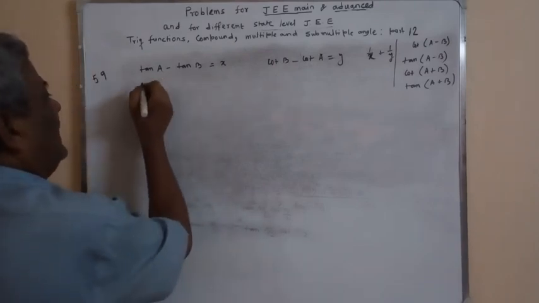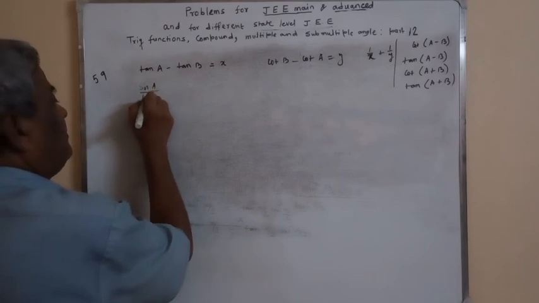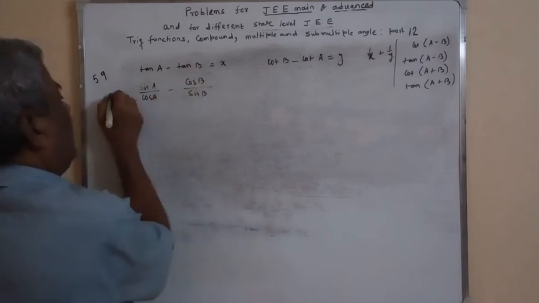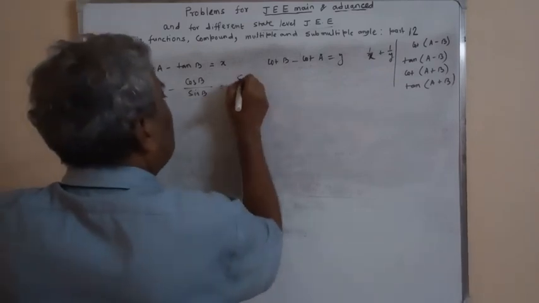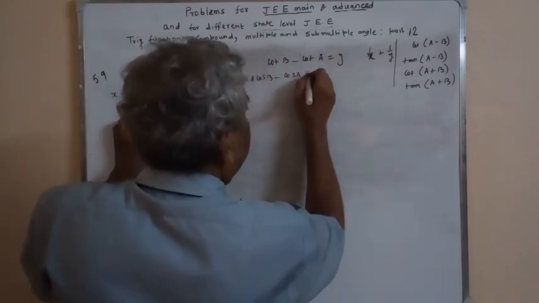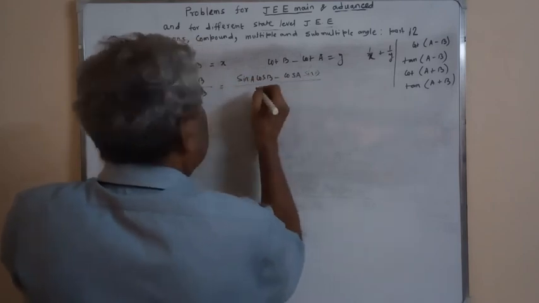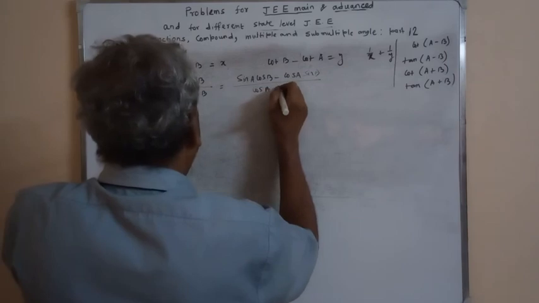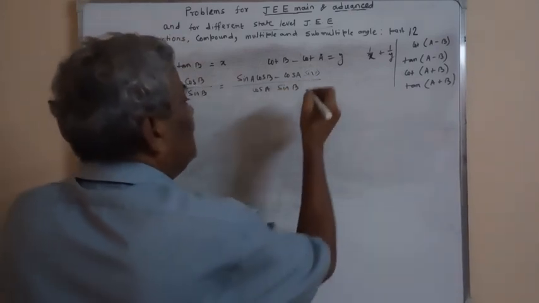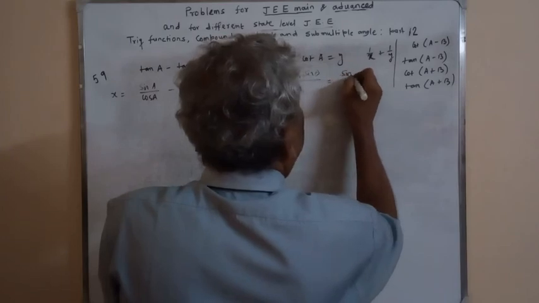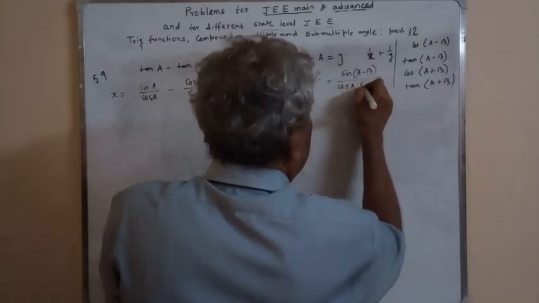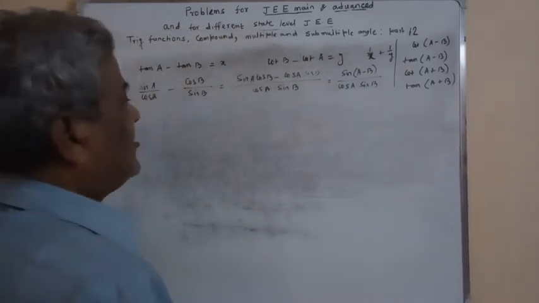I first simplify it. It is sine A by cos A minus cos B by sine B is equal to x, is equal to sine A cos B minus cos A sine B by cos A into sine B, so that it is equal to sine of A minus B by cos A sine B. This is x.